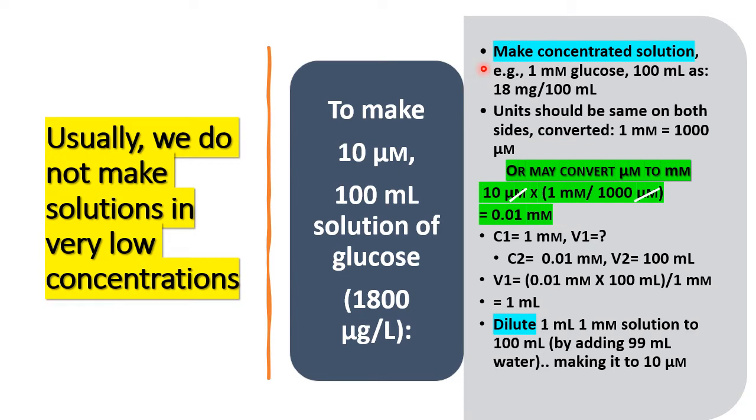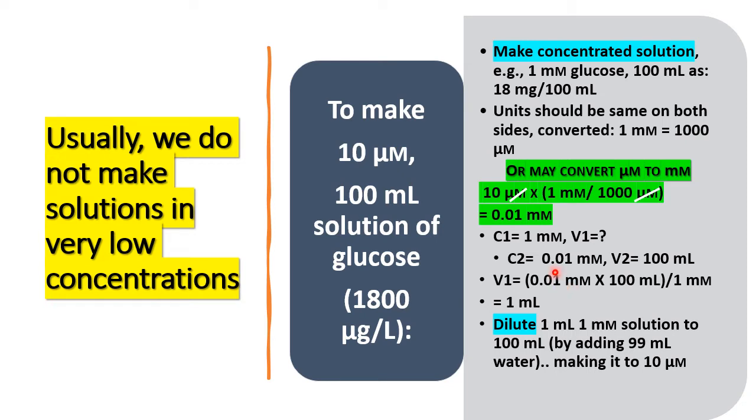Here I am taking the same example once again just to give you an example of conversion of different units. You can convert 1 millimolar to 1000 micromolar as I discussed earlier, but you may also convert the other way around. You may convert micromolar to millimolar rather than converting millimolar to micromolar.